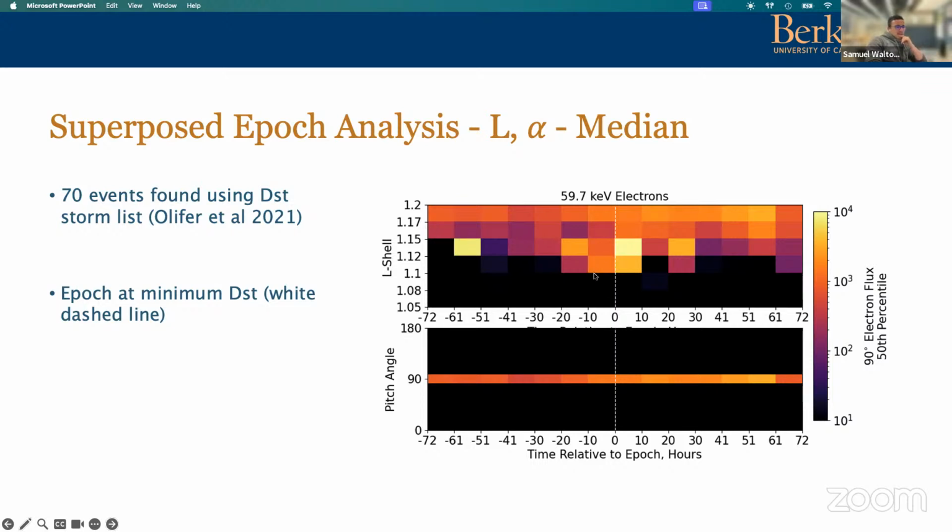So they tend to get lower in L as the storm progresses, and more intense right after the storm, and back again after. I don't know what this splodge is here to the left-hand side. I'm guessing that's a data-related artifact, but that wasn't clear on first look.